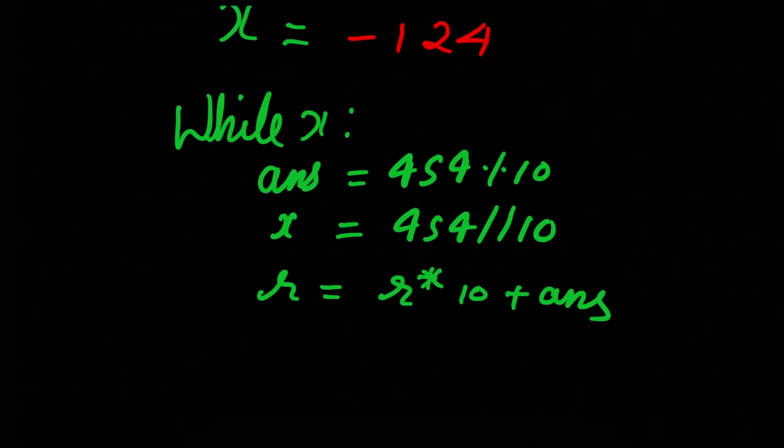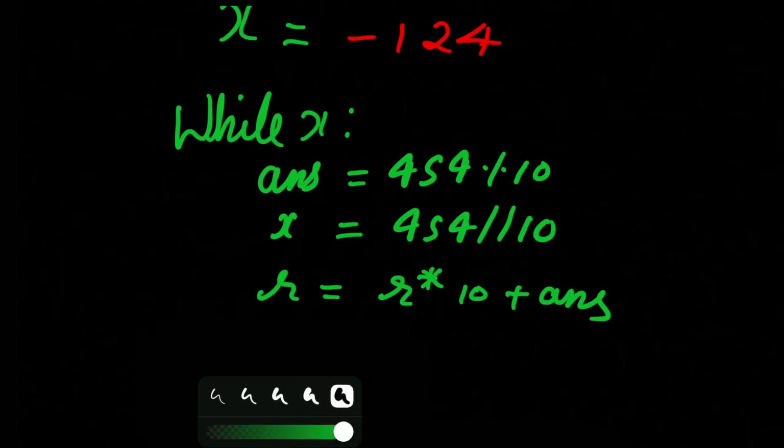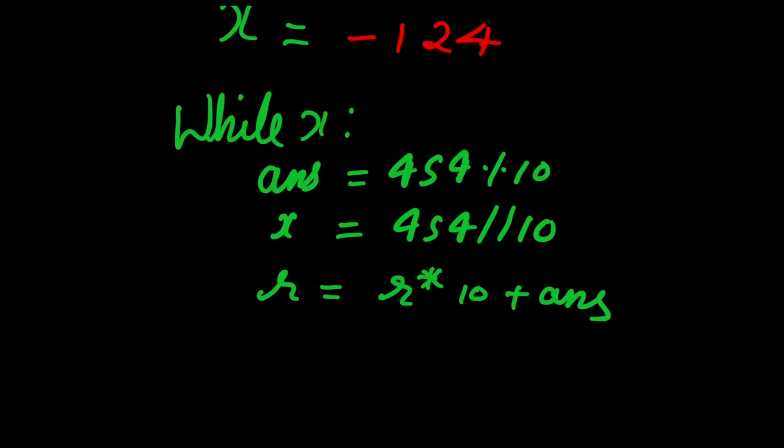So now what would happen? Now the modulus, for the first time when you run this, the modulus of negative 124, most people would expect it to be 4, but no, it will be 6. The modulus of negative 124 will be 6, right? Because it is a negative number.